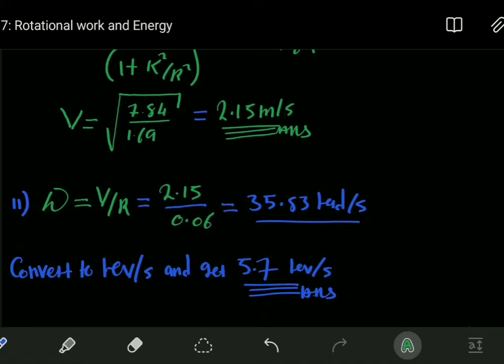Therefore, we get our omega as 35.83 radians per second. But the question requires us to find this omega in revolutions per second. Therefore, we simply convert 35.83 radians per second to revolutions per second, and we're going to have 5.7 revolutions per second as our angular speed at the bottom.